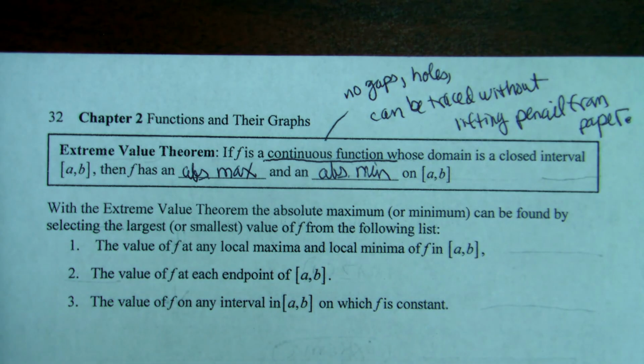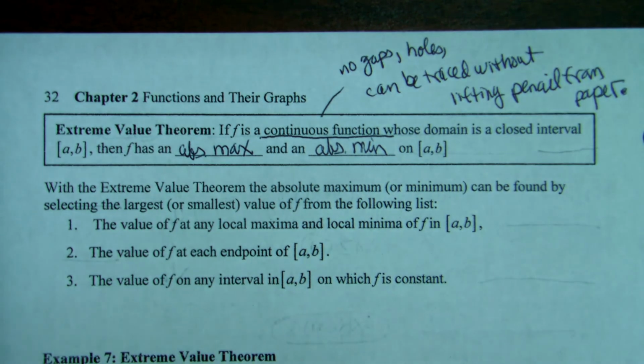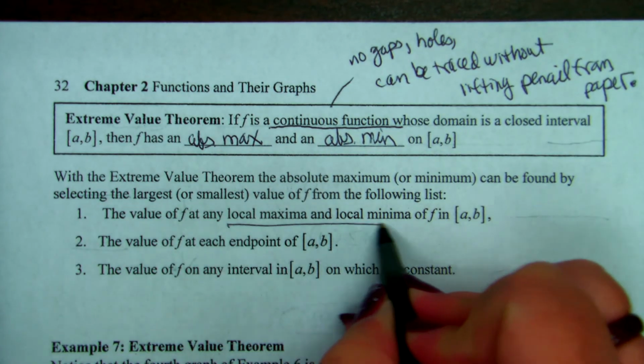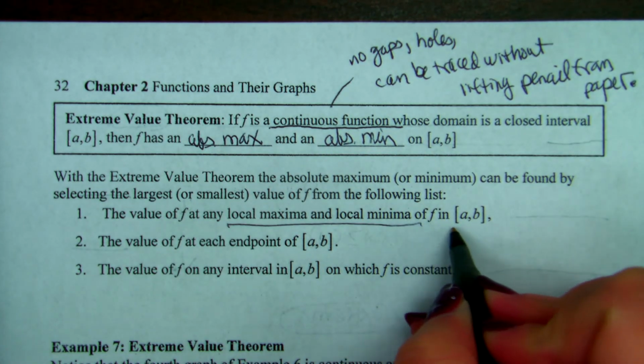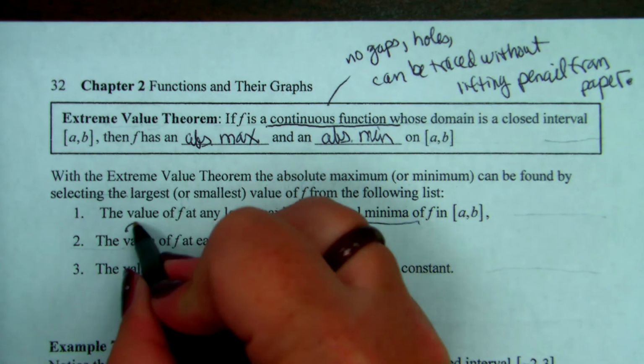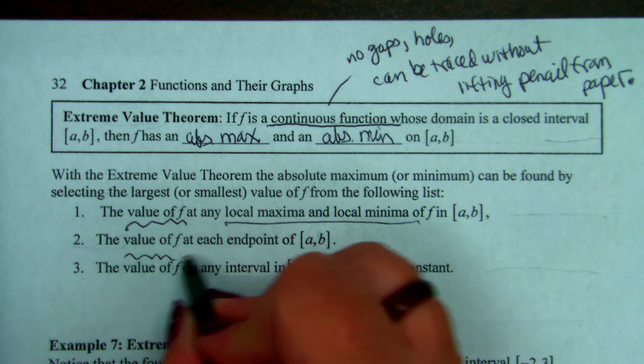With the extreme value theorem, the absolute maximum or minimum can be found by selecting the largest or smallest value of f from the following list. The value of any local maxima and local minima of f in between A and B. The value of f at each endpoint.